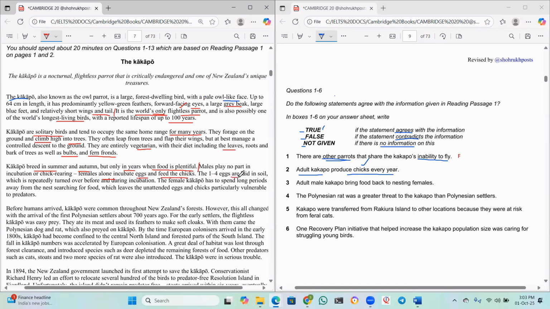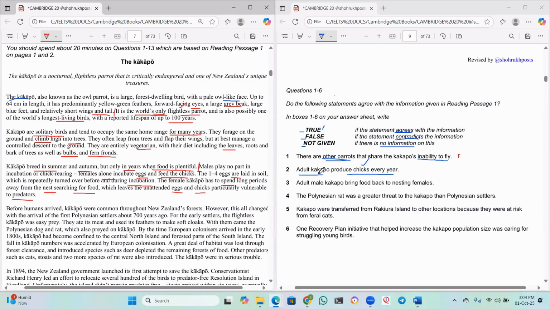The 1 to 4 eggs are laid in soil which is repeatedly turned over before and during incubation. The female kakapo has to spend long periods away from the nest searching for food, which leaves the unattended eggs and chicks particularly vulnerable to predators. Did you find anything related to reproduction? I think you guys have found the answer as well.